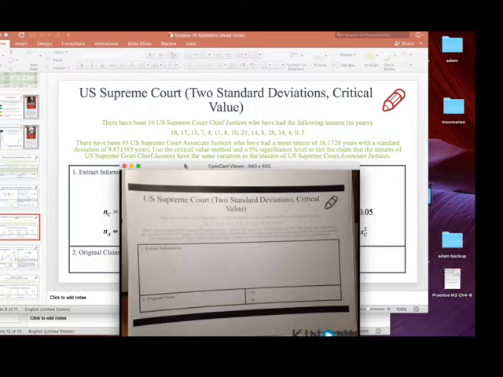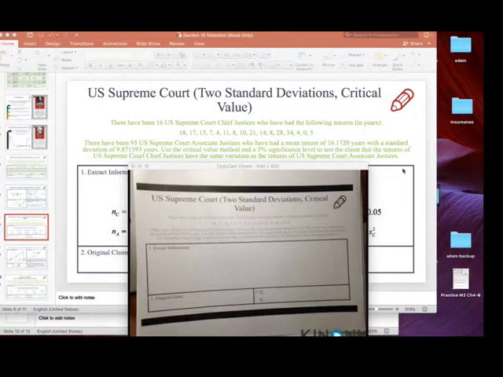I want you guys to try to read the questions by yourself. Okay, so you can see we have the US Supreme Court, the chief. We do have the first set of the data.